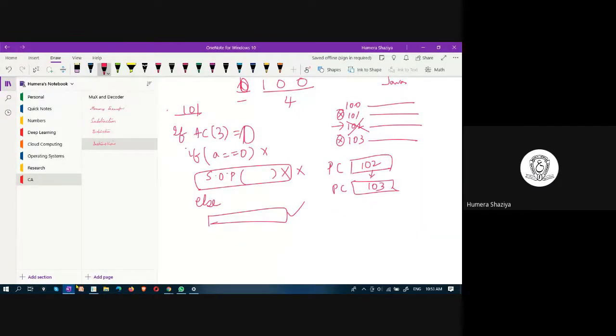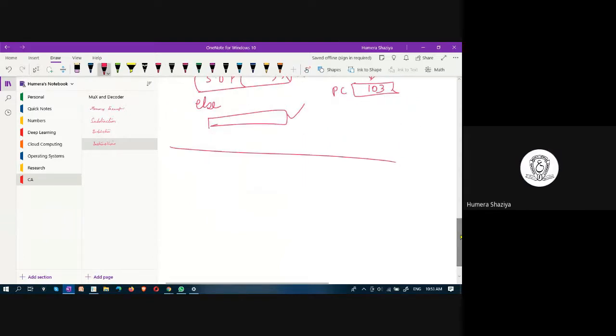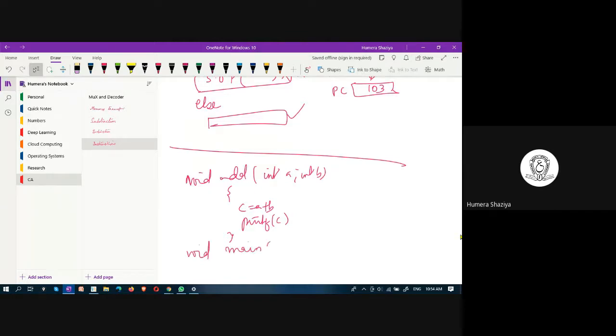Look here. If you write a function void add, and you may pass some parameters, then you write statements like c equal to a plus b, and printf c. And this function is executed whenever there is a call for it in the main method.